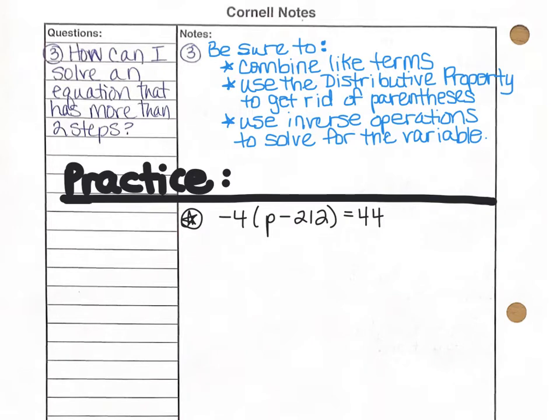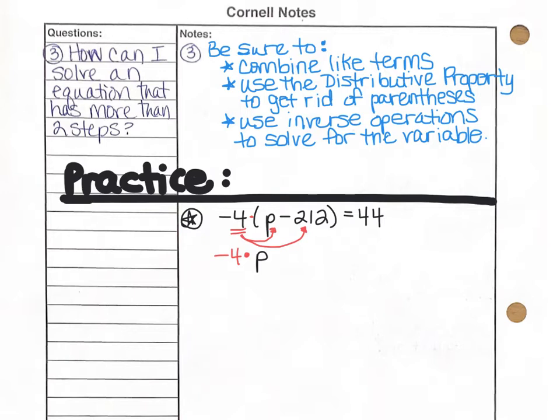What this means for this problem is the -4 on the outside of the parentheses, it's being multiplied, is going to actually get multiplied times each of these pieces on the inside of those parentheses. So as we do that, we're going to take the -4 and multiply it by p.